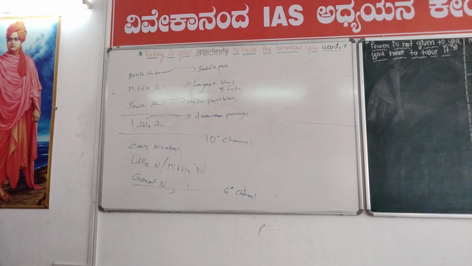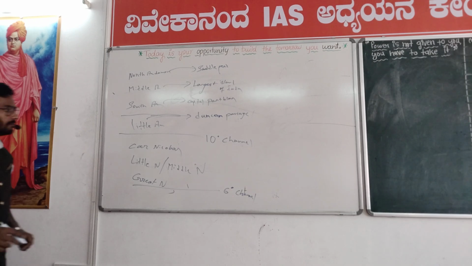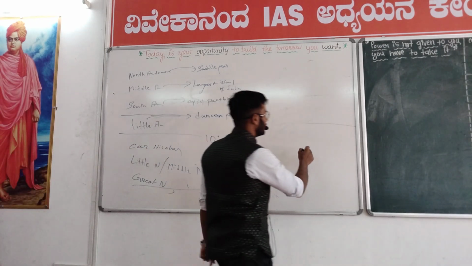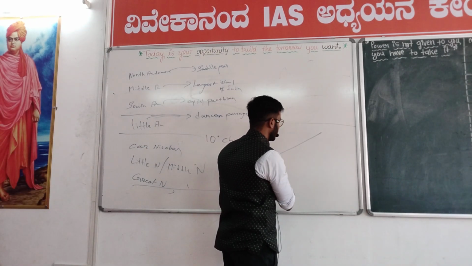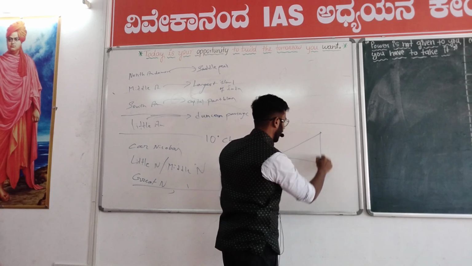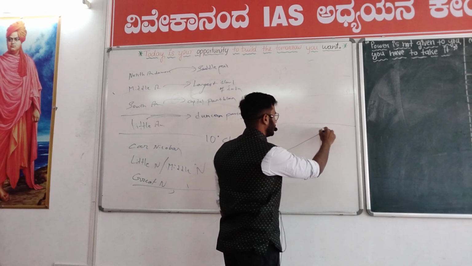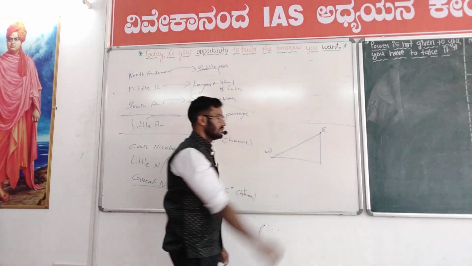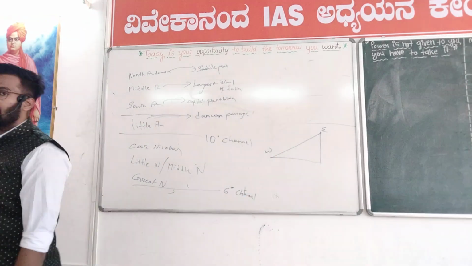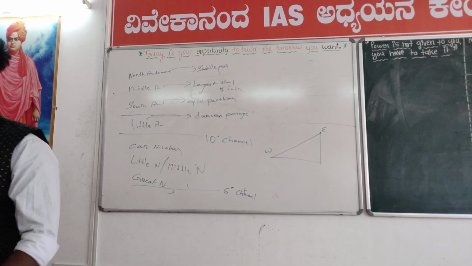The height of the Himalaya decreases from east to west, but the width decreases from west to east, right? Height decreases from east to west, which means the eastern Himalaya have the highest peaks.